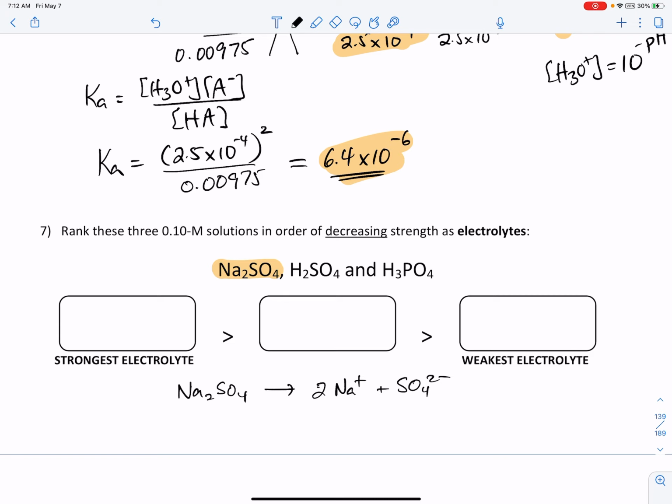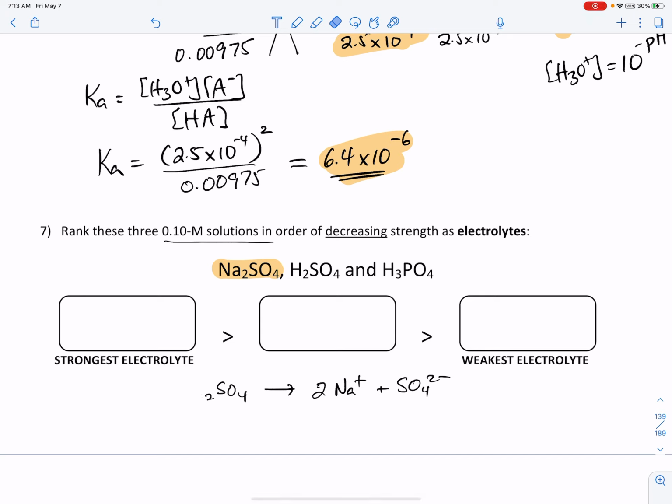So this sodium sulfate, notice the concentrations are all the same, it's going to produce lots of ions. If you have 0.1 molar sodium sulfate, you'll have 0.2 molar sodium, twice the concentration because there's a 2 in front of the sodium, and you'll have 0.1 molar sulfate. So this guy's going to actually end up having 0.3 molarity ions.